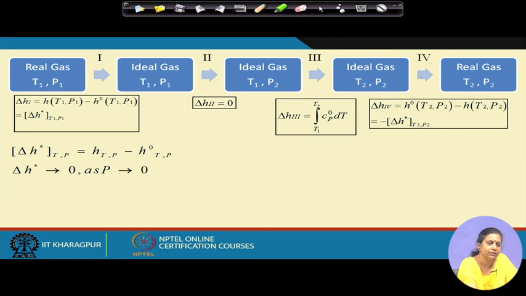But it hardly matters, because if we start from one state and end in another state, it hardly matters whether we are going from state 1 to state 2 through a fictitious path or through a practical path. The property changes that we are going to compute will remain the same no matter what path we adopt, if the initial and the final states are the same.